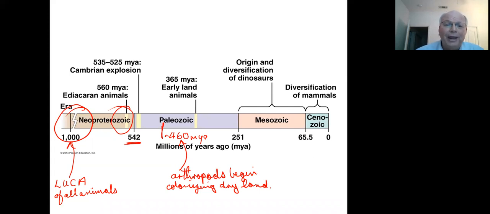Because again, they are the only flying animals for the best part of 100 million years. They're the only animals on dry land for 100 million years.